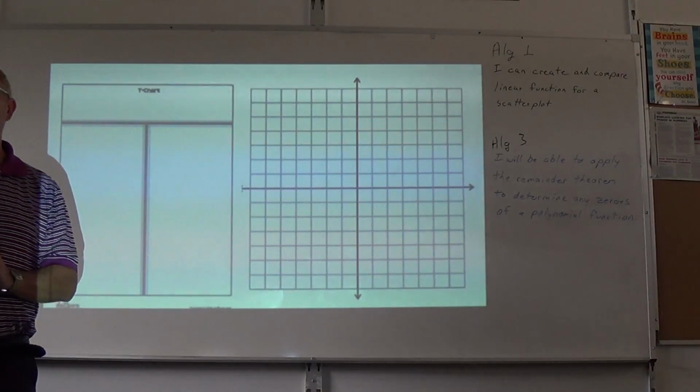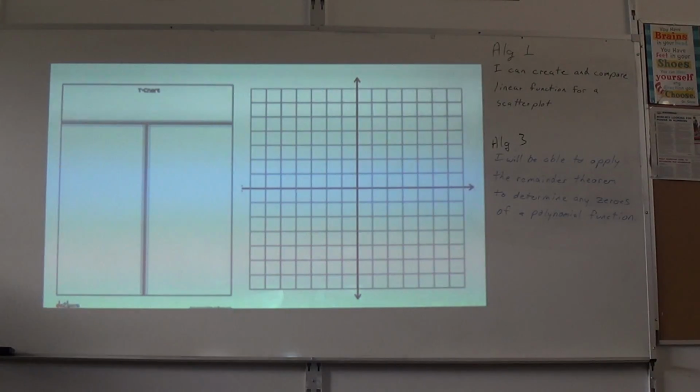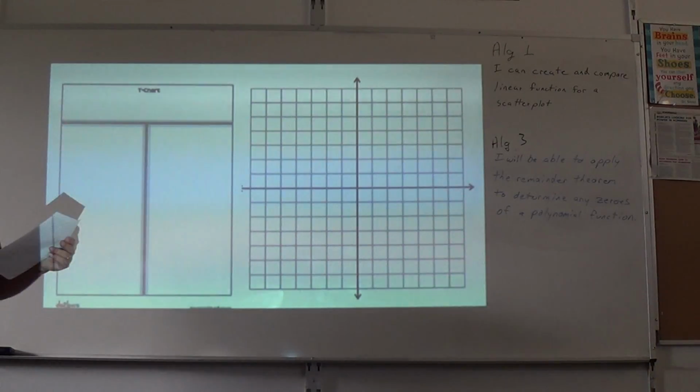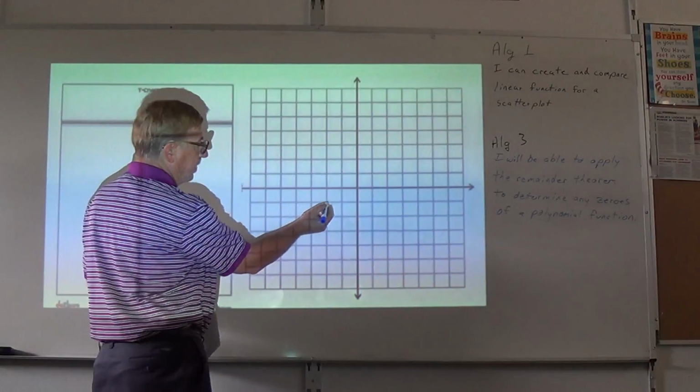Okay, guys, let's see how this should look. We started out with -5, 7.